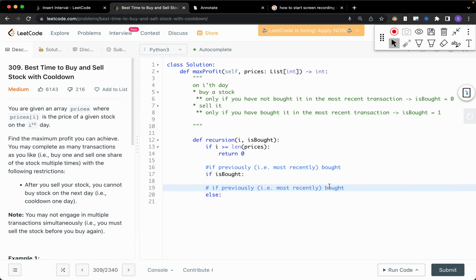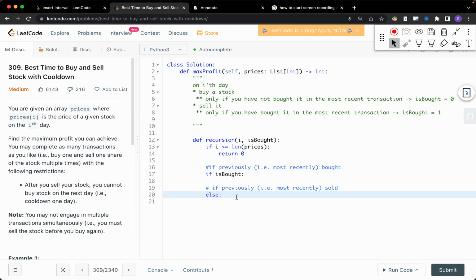If it is not recently bought, then it must be either sold or none of these transactions have taken place. That is, at the 0th location we have not bought anything or sold anything, right? So in that case we will be getting into this else condition.